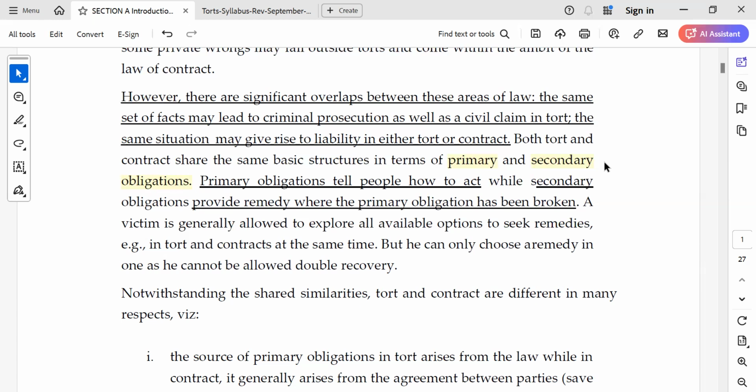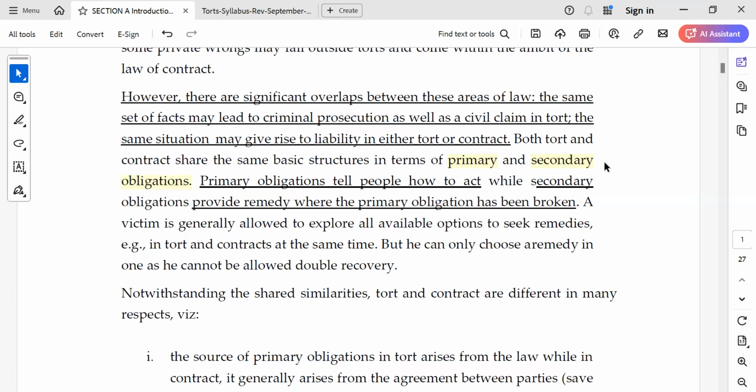Now, what happens if I don't do it? Then the secondary obligation says what the remedy should be. I should be held liable. Should I compensate her for the plant, if something happens and the plant dies, or if I put in more water, that is also wrong.